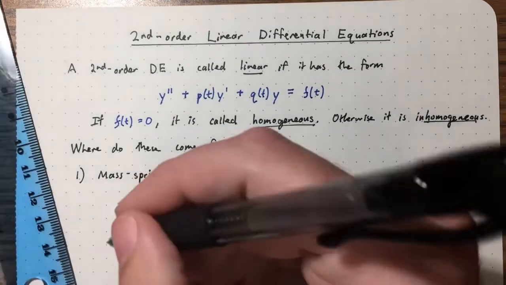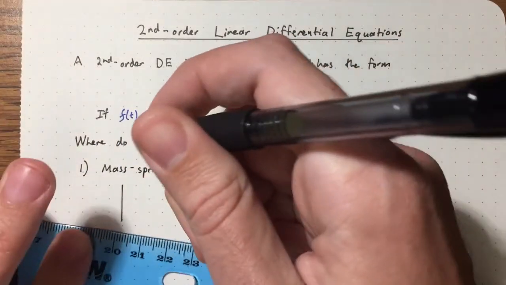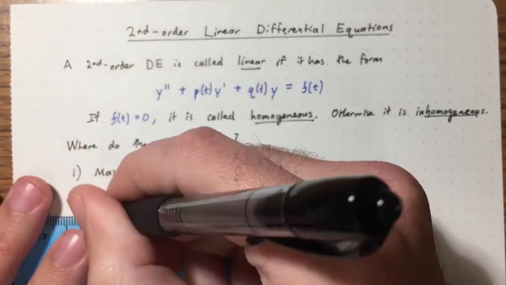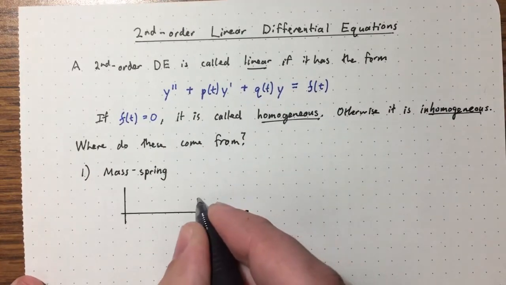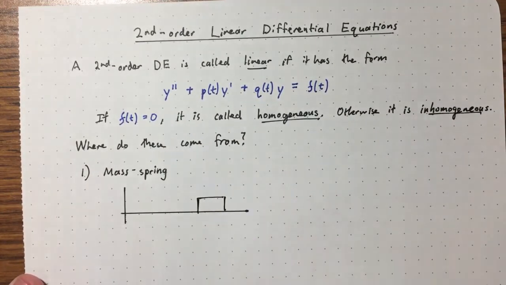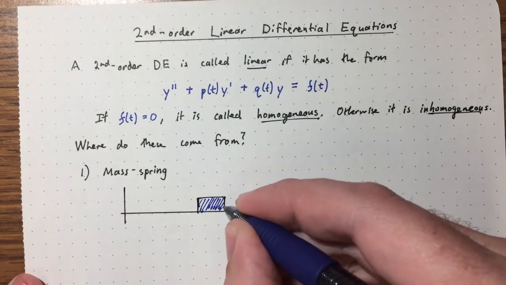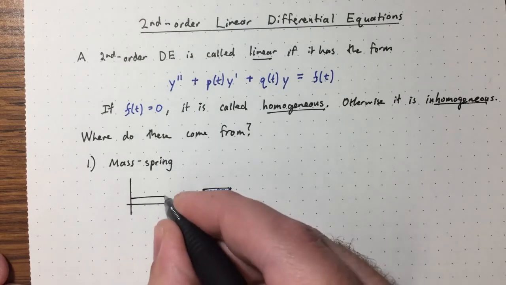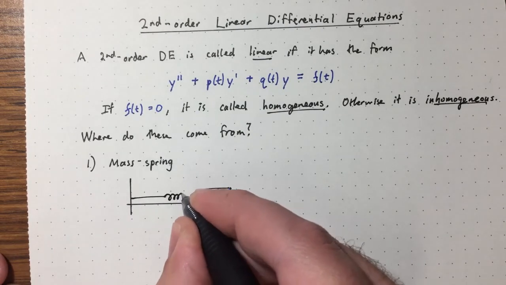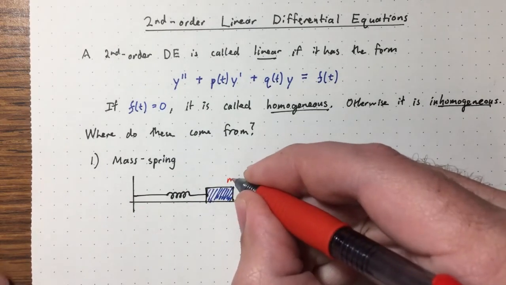So draw our picture that we had from before, if I remember it. So we had a mass here, so this block, and we were assuming there was no friction or anything like that. And then we have it attached to the wall here by a spring. Okay. And so this is a mass.